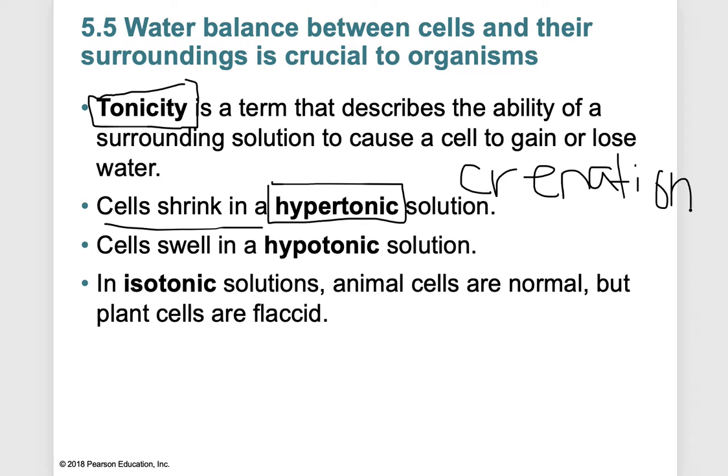Cells swell and sometimes burst in a hypotonic solution, something called lysis. Lysis means to burst. For isotonic solutions, there's no net movement between the outside environment and the inside of the cell.